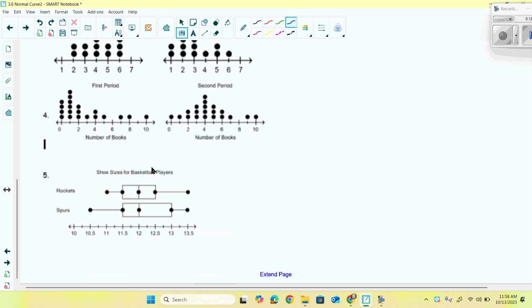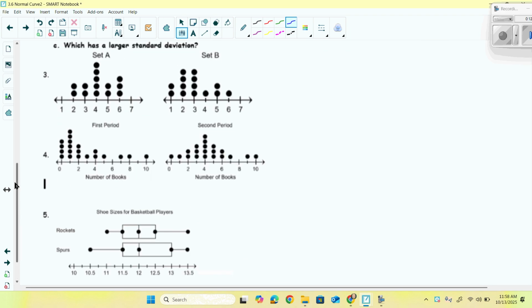Okay, so looking at these, we're going to want to identify spread and mean. And we're just going to be comparing for problem 3, set A versus set B. So we're just comparing 2 graphs and stating what their shape is, as well as means and standard deviation.